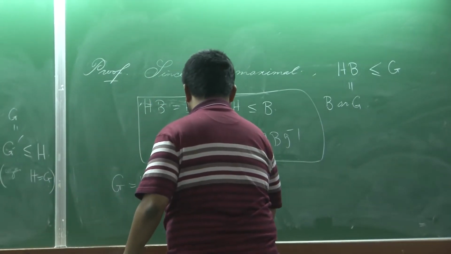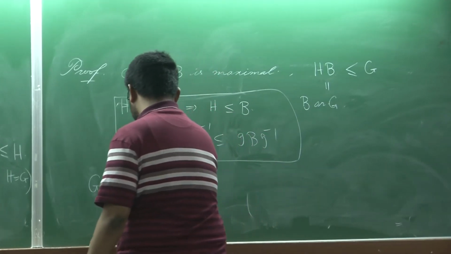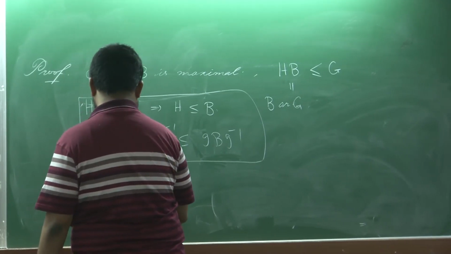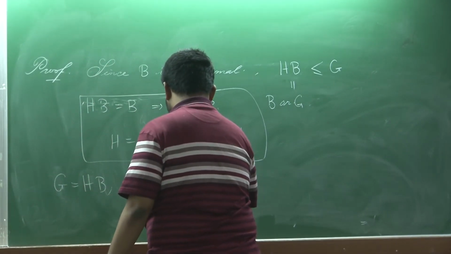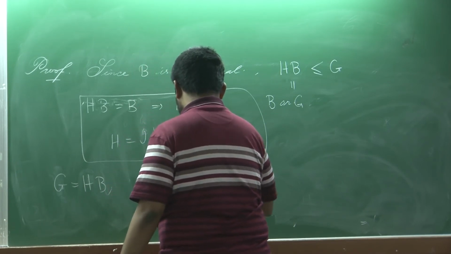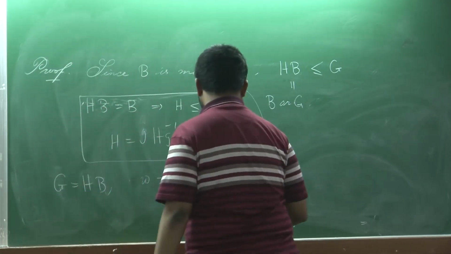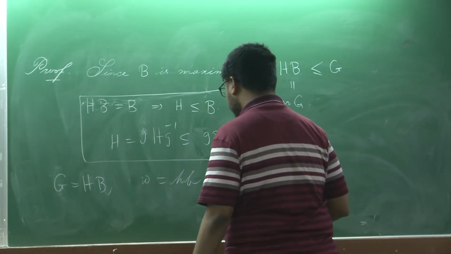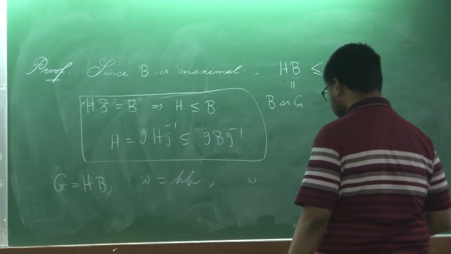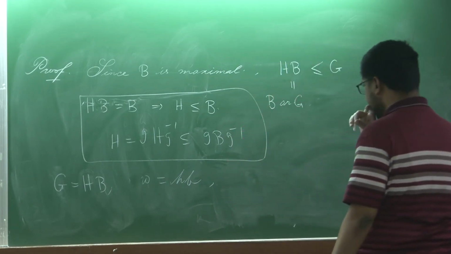In that case, we can write it as HB or BH, whatever you like. So, then W can be written as H times B, and we should now look for our strategy.